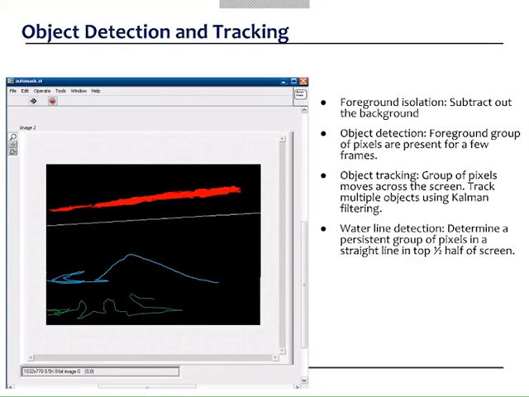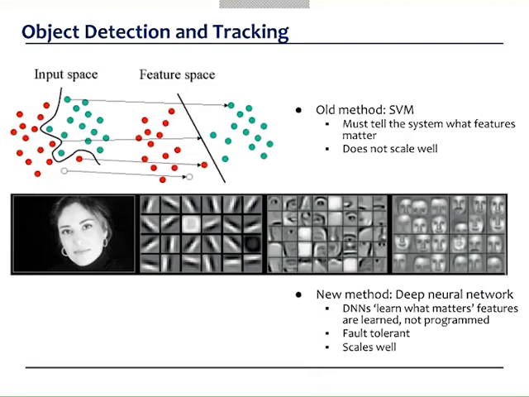One of the challenges in fish passage and fish ladders is the water line, so we put a water line detector in there to make sure that we weren't detecting objects that were not supposed to be detected.